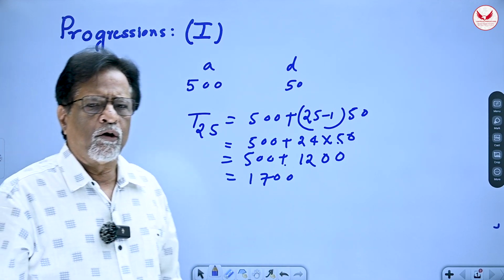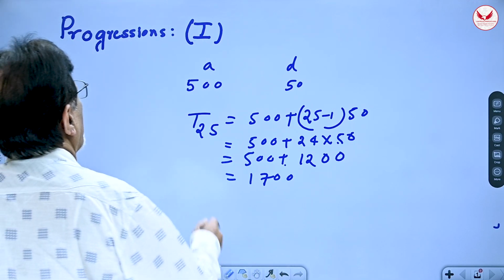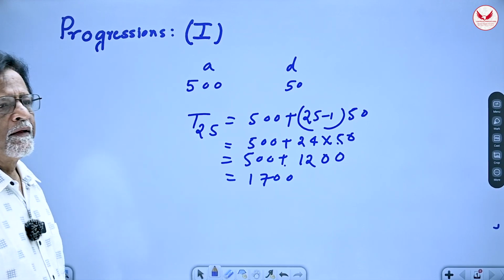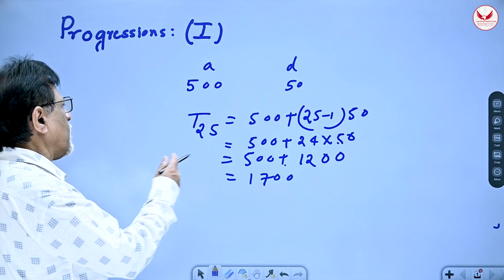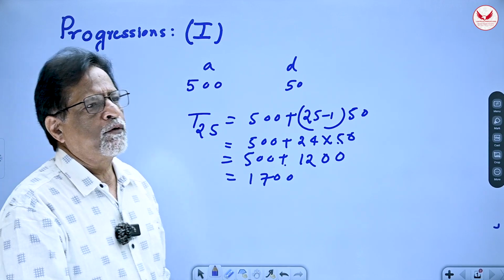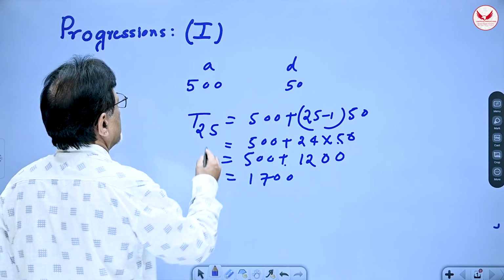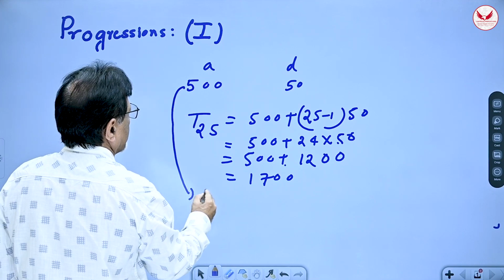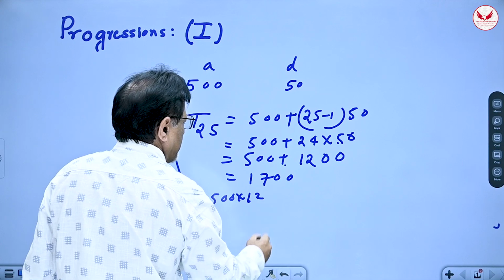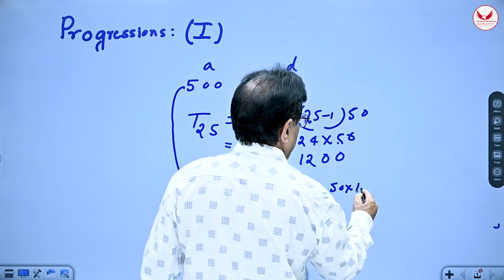But we are also interested in finding out what will be his total income in all these years. That means I will have to add all the terms, but this is a monthly salary. Therefore, you will have to calculate his annual income and the increment in the annual income. His annual income will be what? Annual income will be 500 multiplied by 12, and his increment will be 50 multiplied by 12.